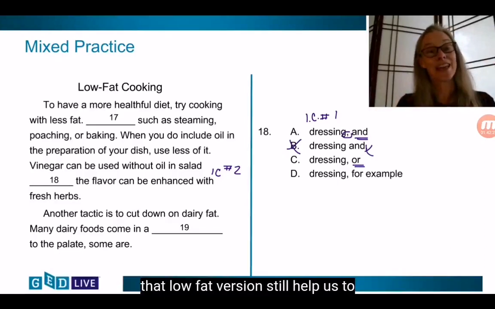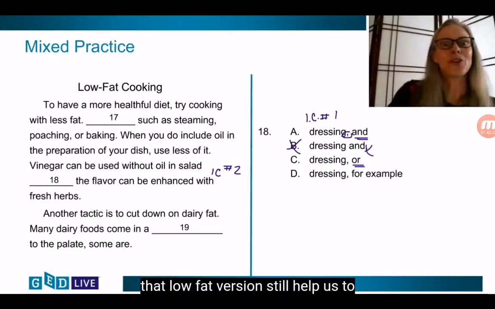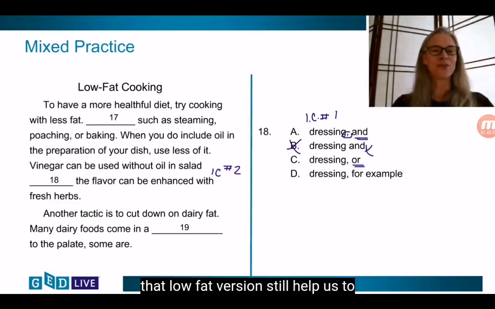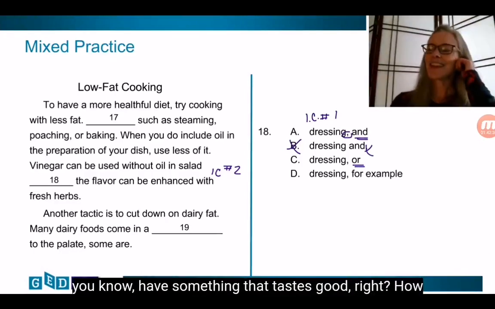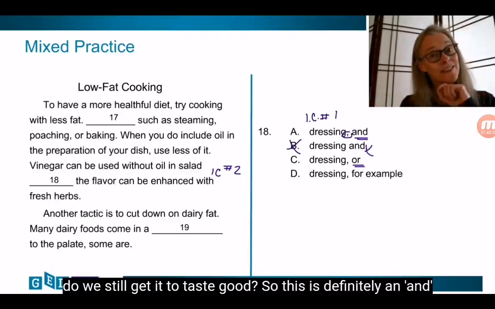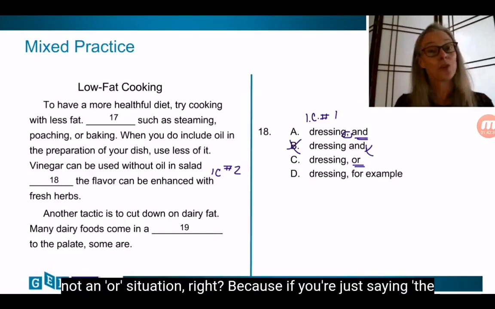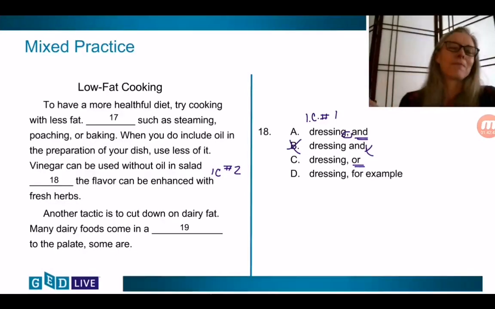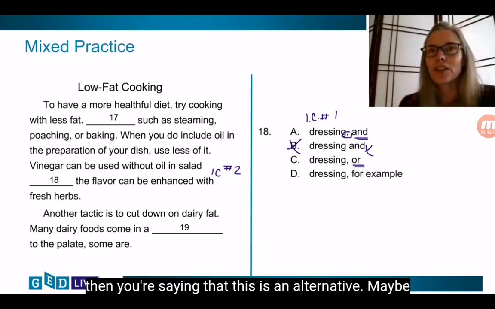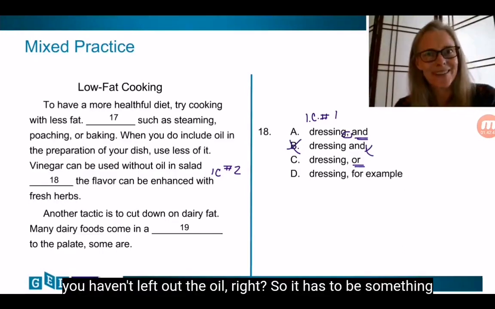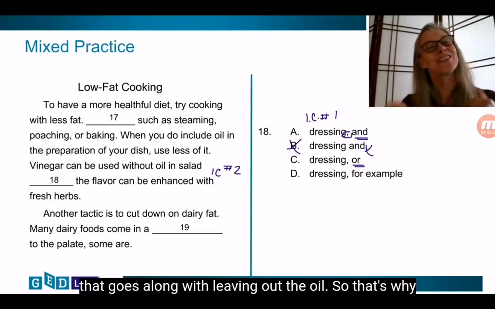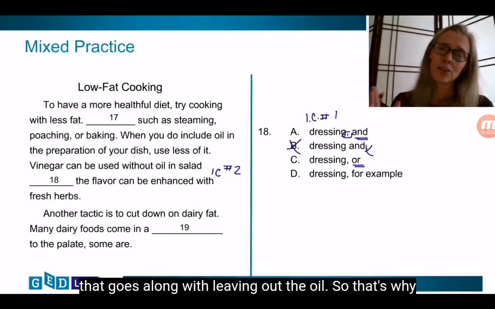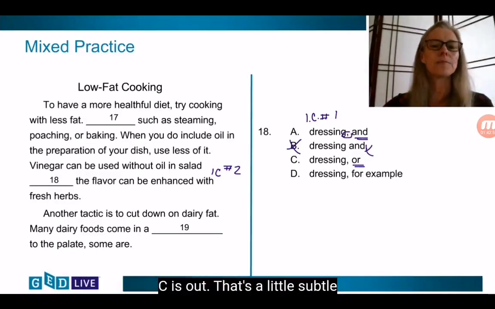And how does that low-fat version still help us have something that tastes good? How do we still get it to taste good? So this is definitely an "and," not an "or" situation, right? Because if you're just saying the flavor can be enhanced with fresh herbs, then you're saying that this is an alternative. Maybe you haven't left out the oil. So it has to be something that goes along with leaving out the oil. So that's why C is out. That's a little subtle, right?